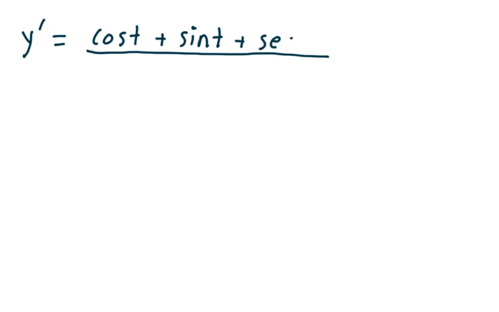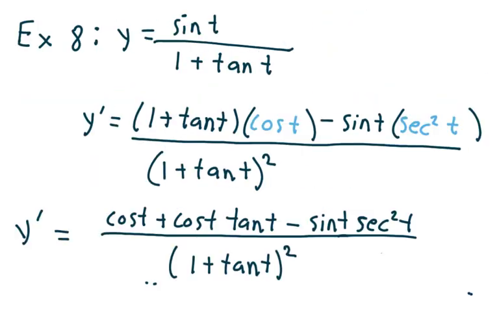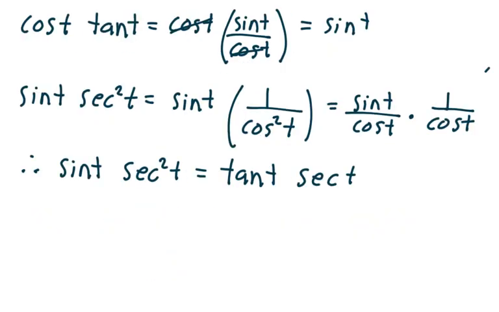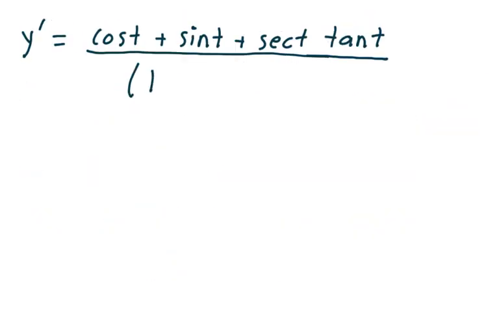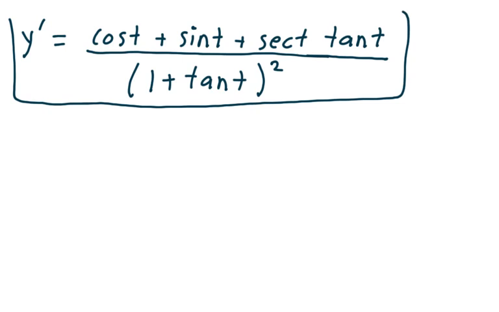So we're going to take secant t tangent t, and then I'm going to divide by 1 plus tangent t squared. And that's how you would do that 8th example. There's not a whole lot you can do with this, and so I would leave it just like this.